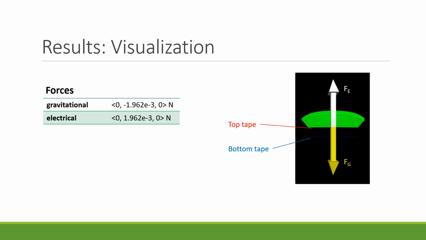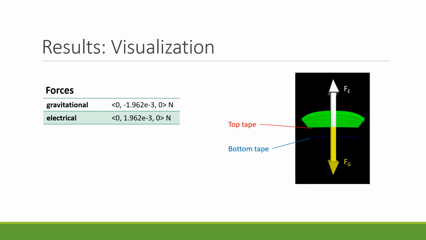And finally, I wanted to show the complete model. So here in this visualization right here, the bottom tape is blue and the top tape is red, but it's actually not visible because it's covered by these arrows, and the arrows represent the force on each piece of the top tape from each piece of the bottom tape. And then all of these green arrows are summed together to give the net electric force, which is this white arrow pointing up.